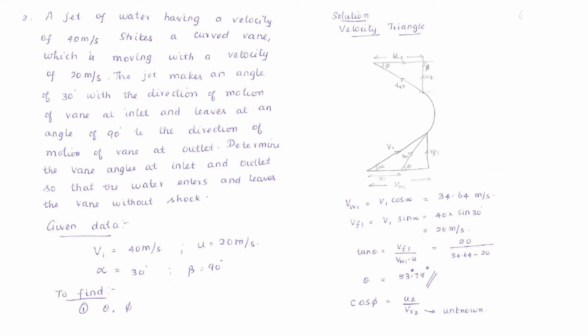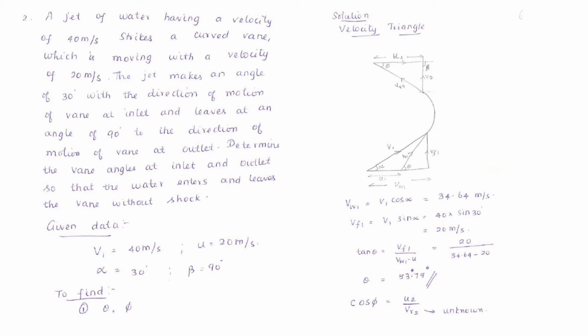So here we need to find out the vane angles theta and phi. Here the horizontal component VW2 becomes 0 because beta is equal to 90 degree. And VF2, the vertical component of V2, will be equal to V2. V2 is equal to VF2, and VW2 becomes 0 in this case because beta is equal to 90 degree.